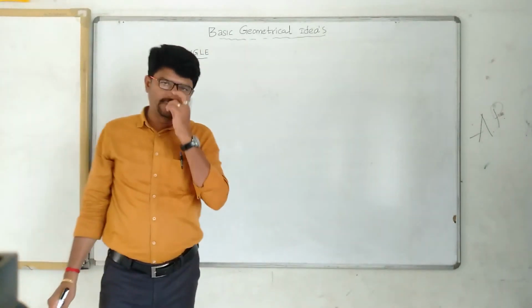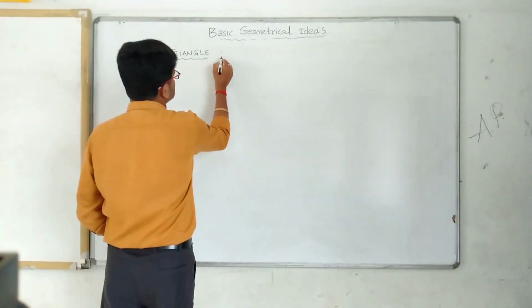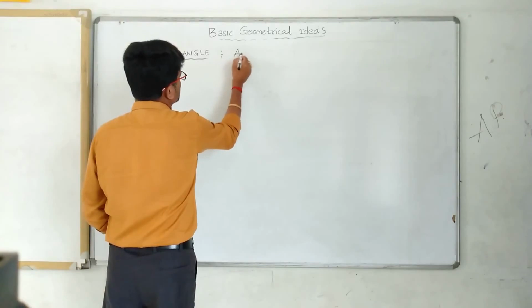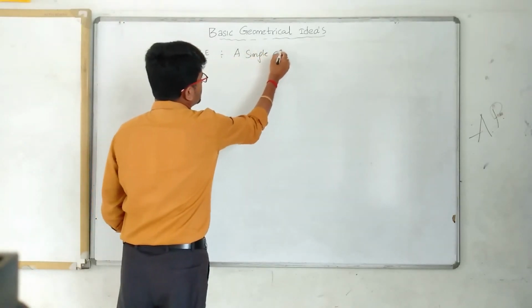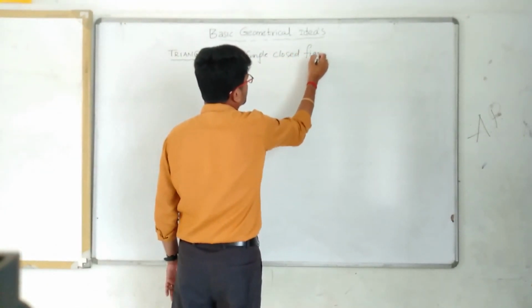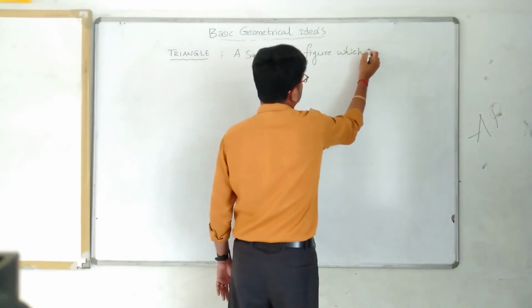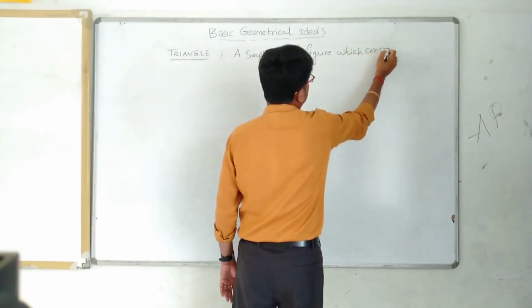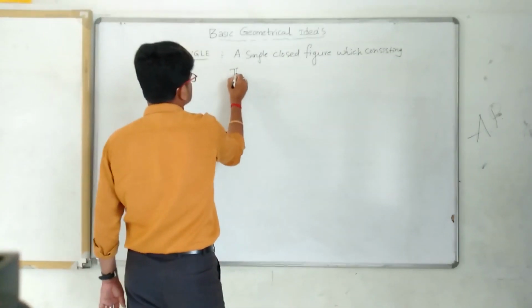Triangle. A triangle is a simple closed figure which consists of three line segments.